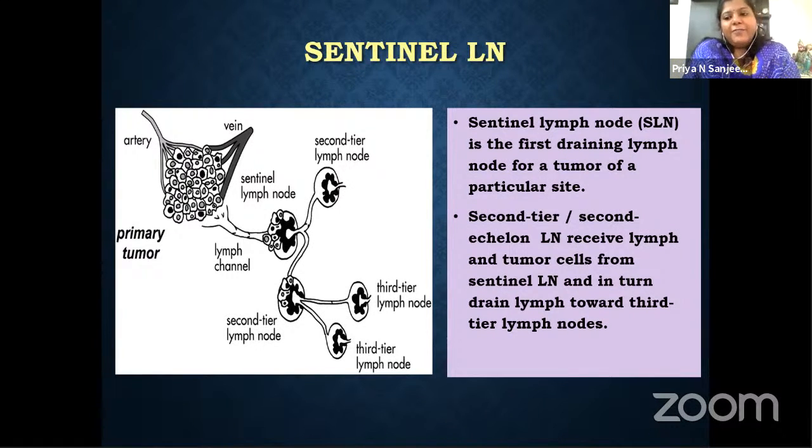Reactive lymph nodes are usually less than 1 centimeter, and neoplastic lymph nodes are usually more than 1 centimeter. The shape in reactive lymph nodes is usually ovoid, and in neoplastic it is round. And then echogenicity can also be checked. In reactive lymph nodes it is isoechoic, and in metastatic lymph nodes it is hypoechoic.